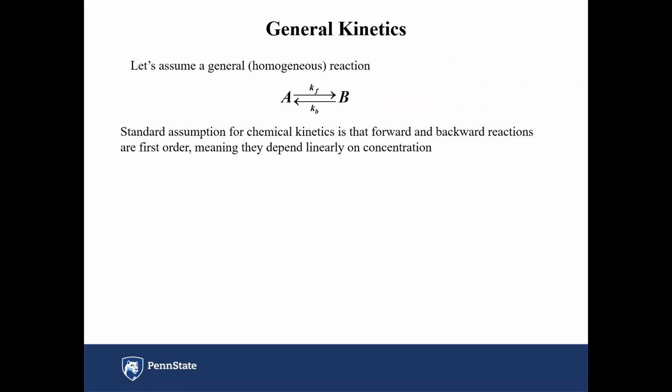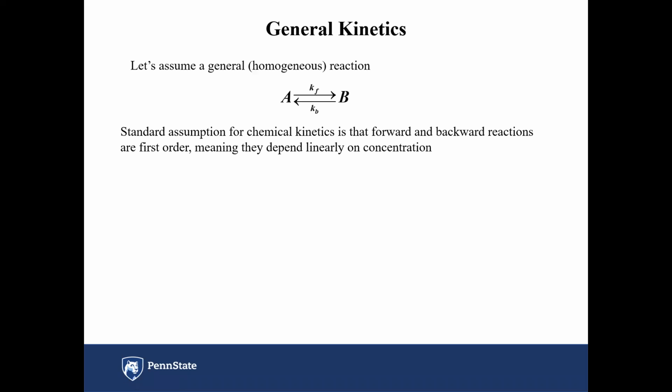So today we are going to start a new topic called electron transfer kinetics. Let's assume we have a homogeneous reaction. The reactant A goes to the reactant B, right? And we will have two reactions, one is a forward reaction, one is a backward reaction, right?